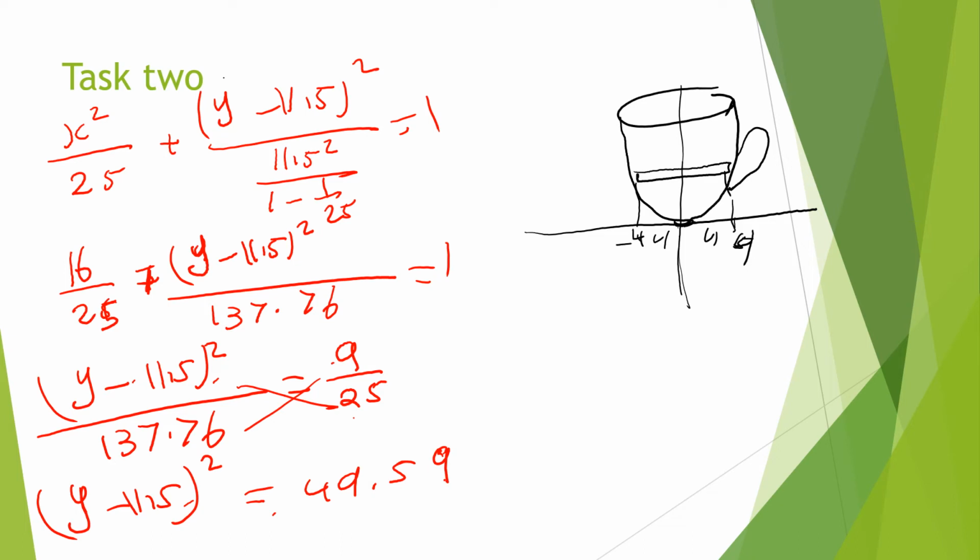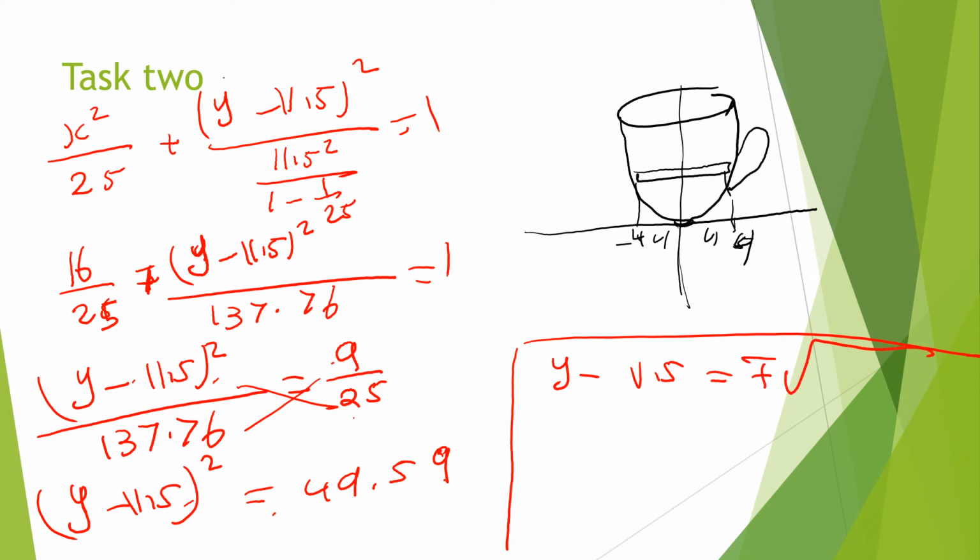Now you've got two ways. You either expand and you'll get a quadratic equation and make it equal to 0 and solve. That's the safest way. But you can do another way as well. You just need to remember when you square root, it's plus and minus. So I can square root both sides, and I will end up with plus minus square root of 49.59.